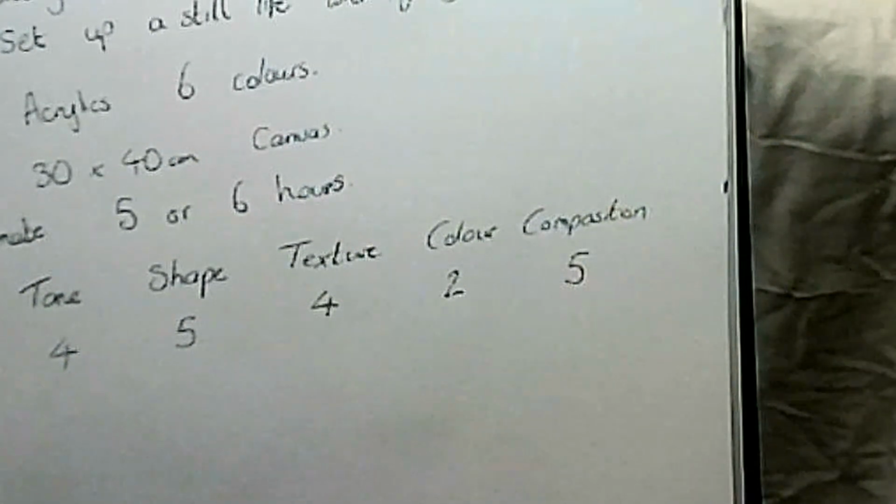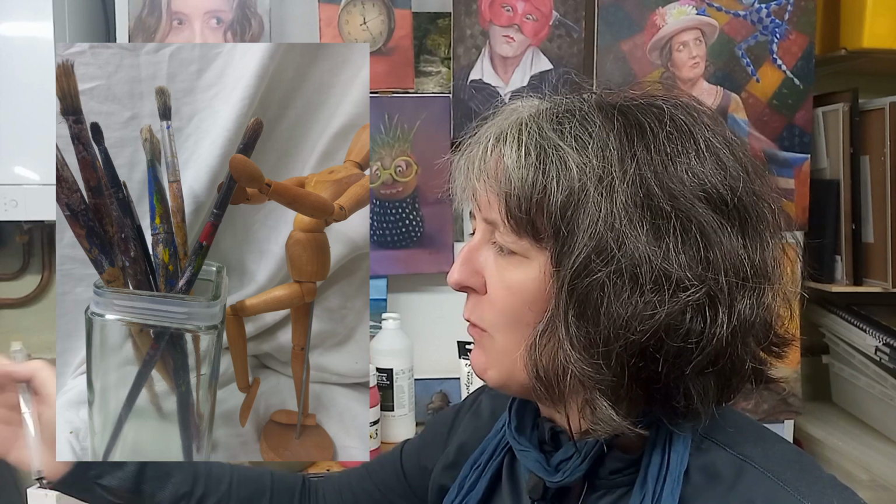Shape and composition. One thing I have noticed is, I don't know if you can see these paintbrushes here. The paintbrush that's being held has got red on it, and the paintbrush that's leaning next to it has got blue and yellow.